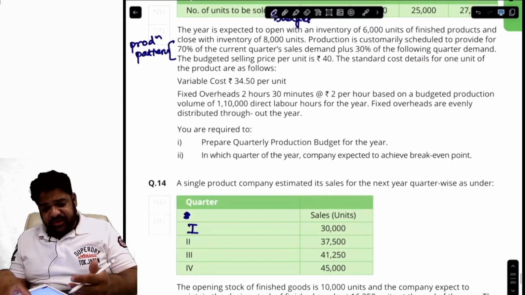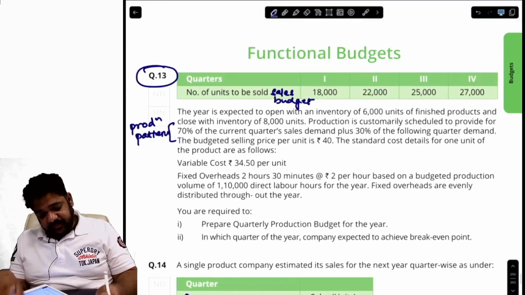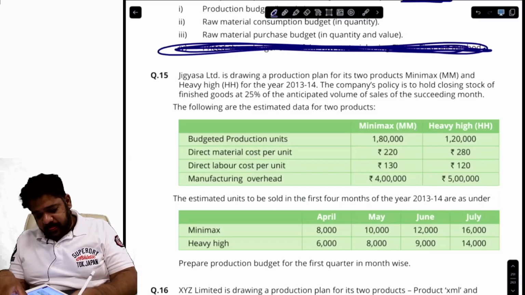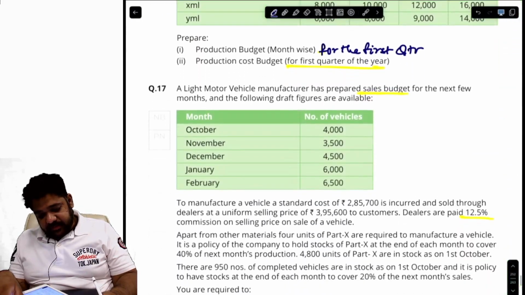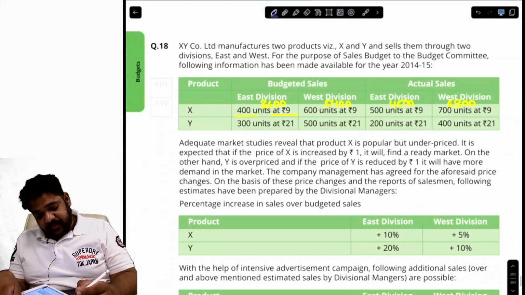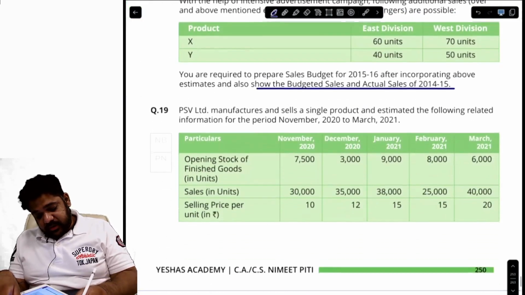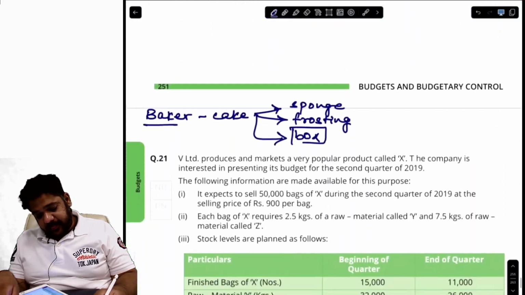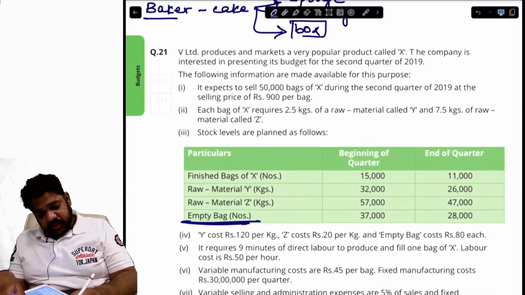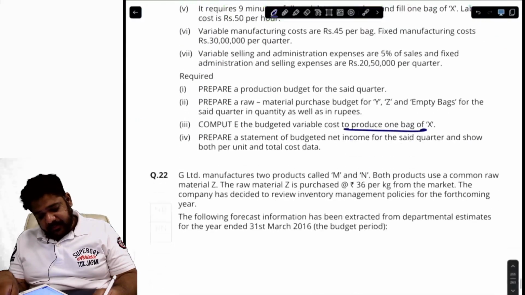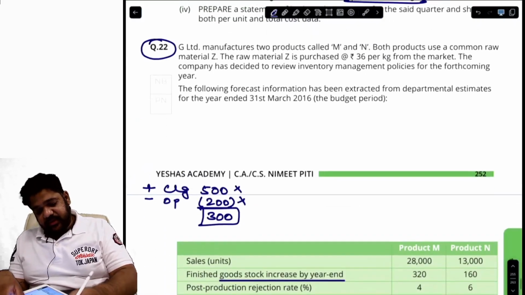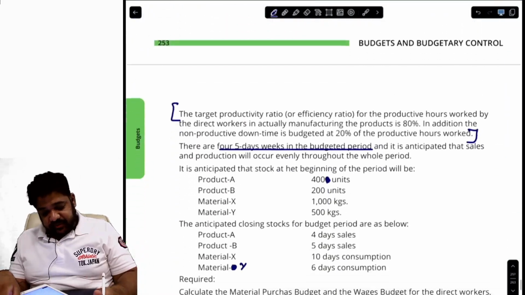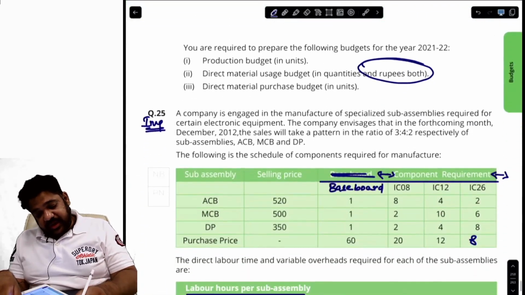In terms of functional budgets, you can take up 13. 13 is simple. You can take up the 19th question, 20th, 21st can be done, 22nd, the later portion of the budget question, 23, very good question, and 25.